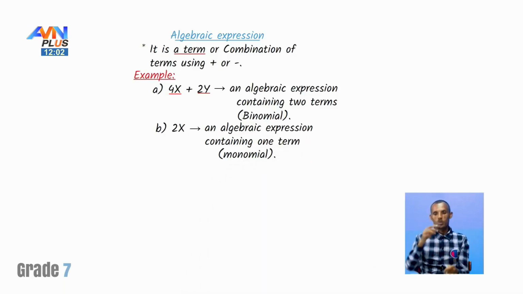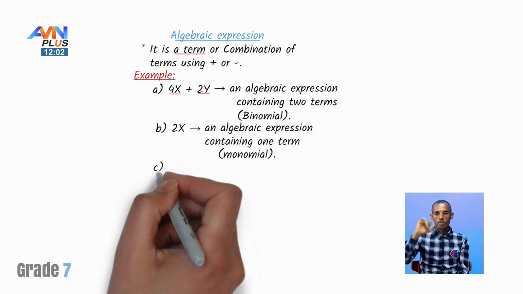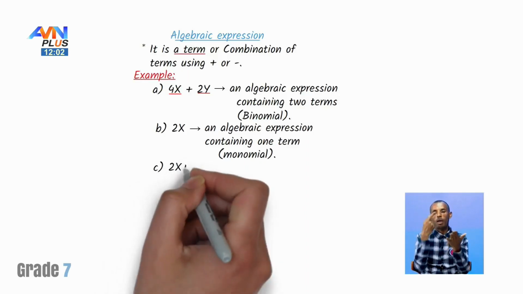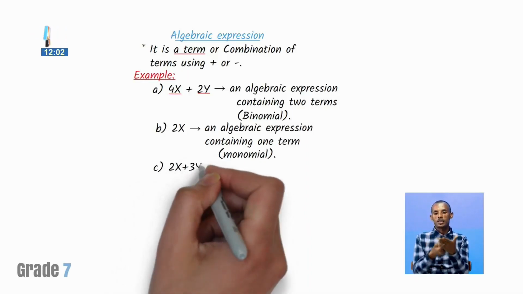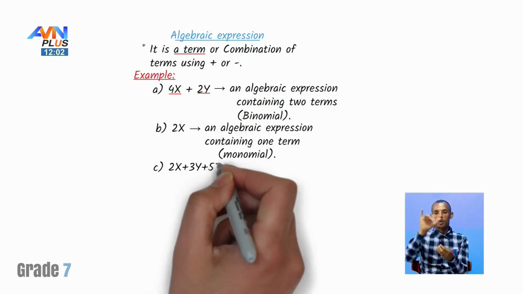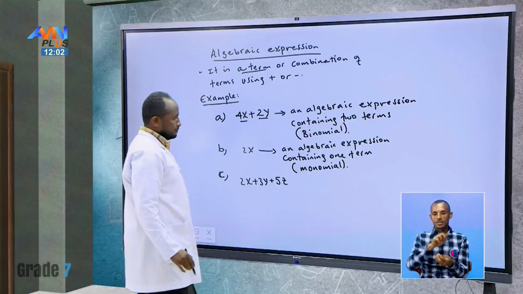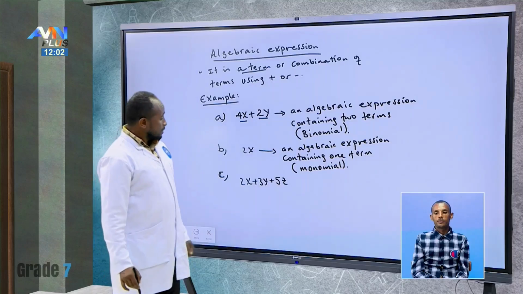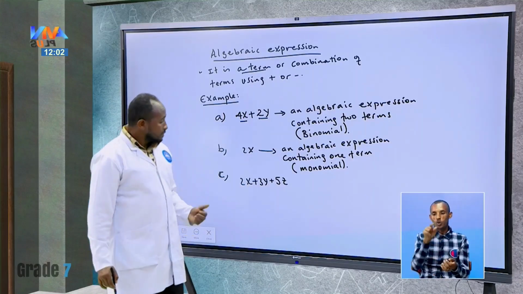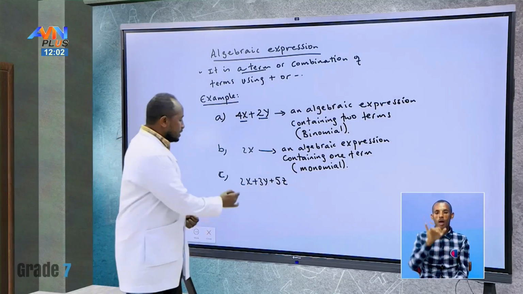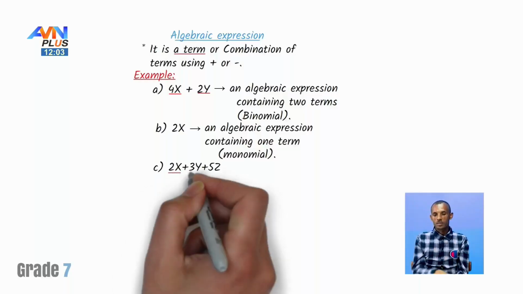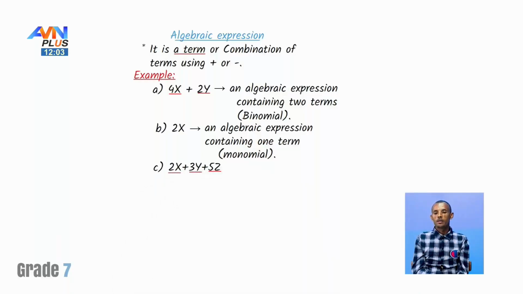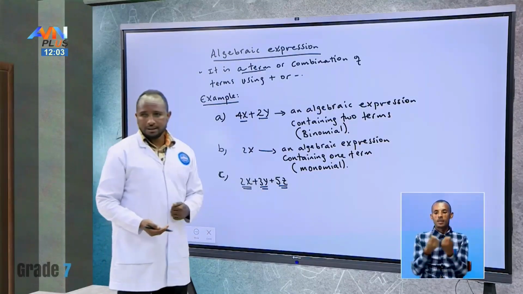Now let's proceed to example C. Take this one: 2x plus 3y plus 5z. As you can see, this one contains three terms combined by plus.